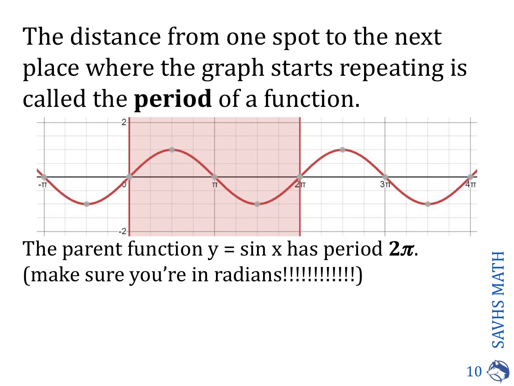The word period is about how long the space is between where the function starts and where it starts repeating again from that same spot. So the space between the starting value 0 and the next time it hits 0, in the same place on the graph.